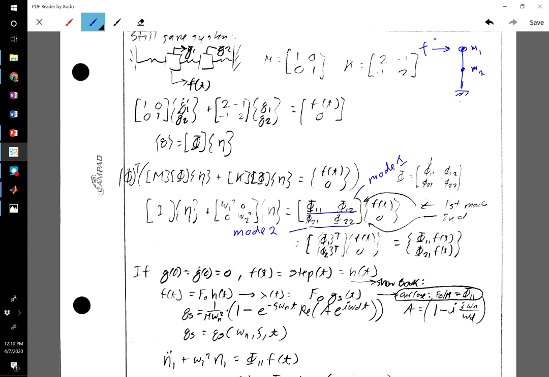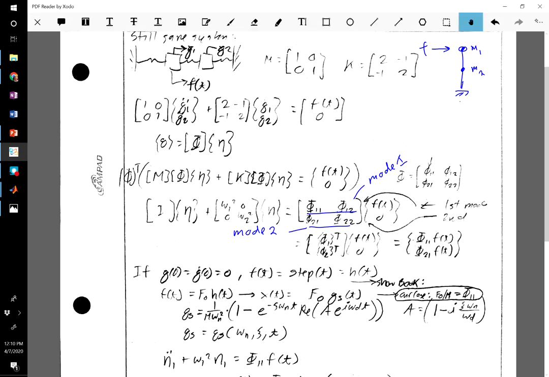So when we look at this multiplication, we get the mode shape transpose times the force. That just ends up taking the first element times the force. The second element of the mode shape, or the mode shape at the other mass, is irrelevant, because it just multiplies 0.